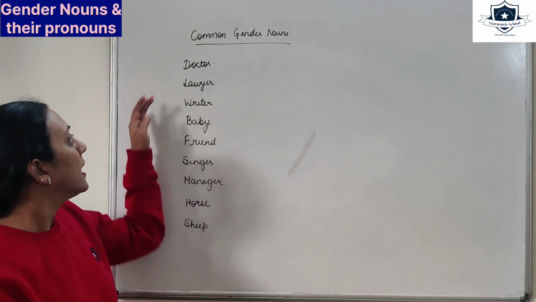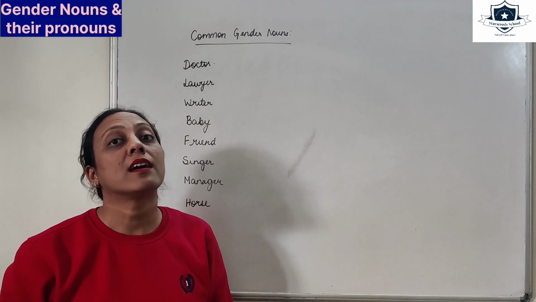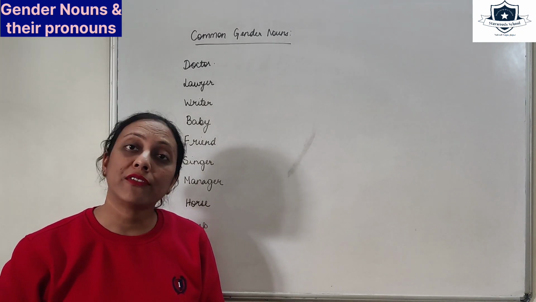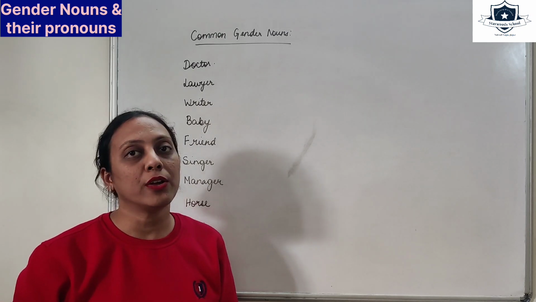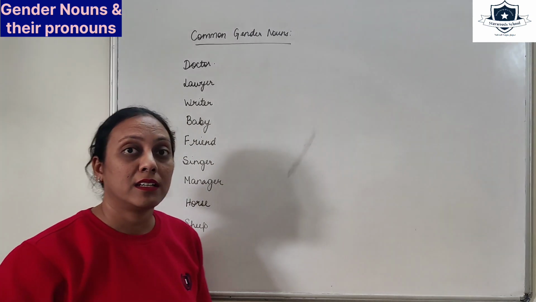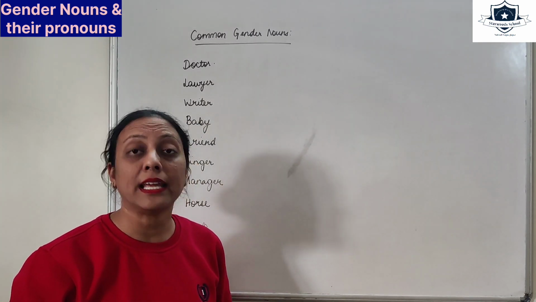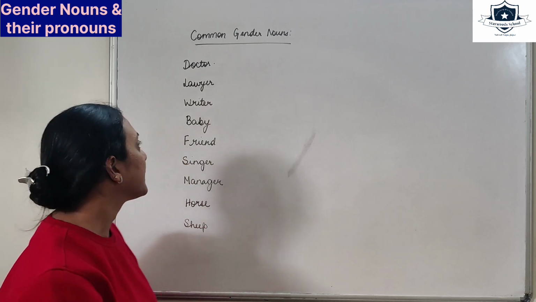If we talk about lawyer, my lawyer is great, but you haven't made it clear whether it is a female lawyer or a male lawyer. Writer, the writer writes the book, but it could be female, it could be male.